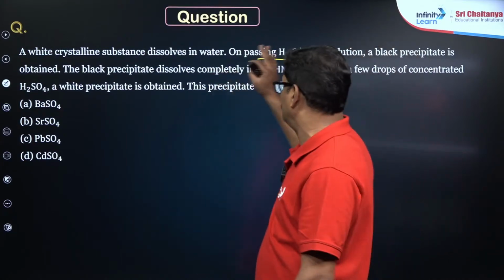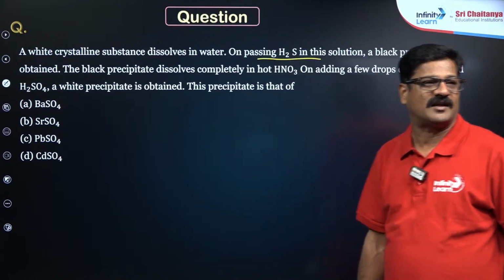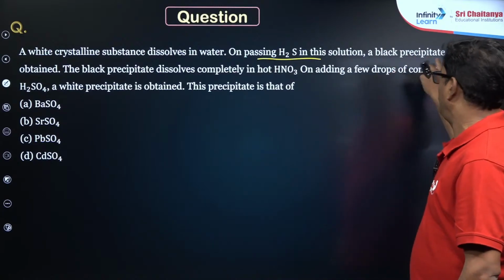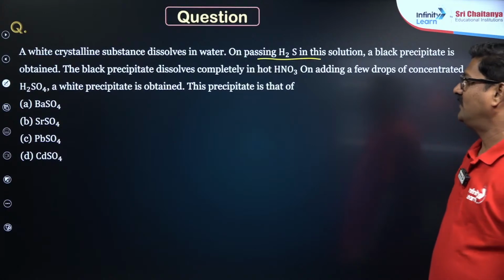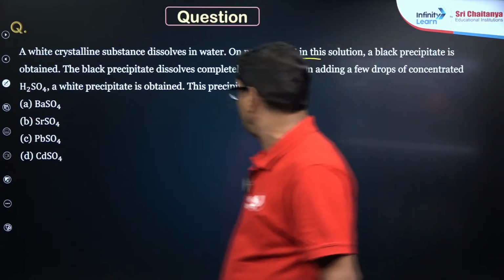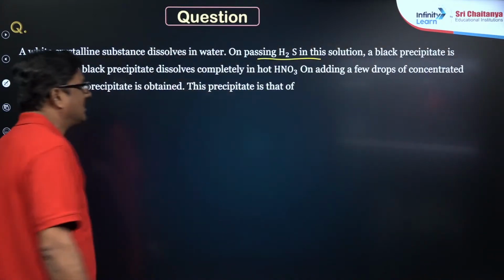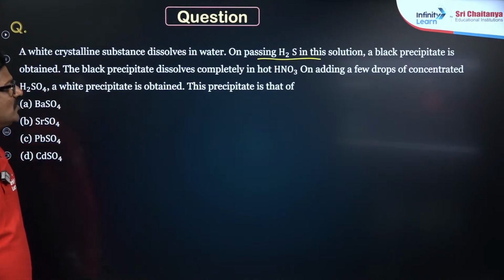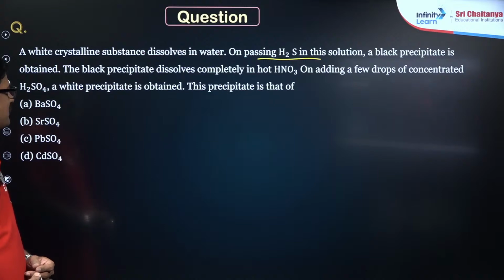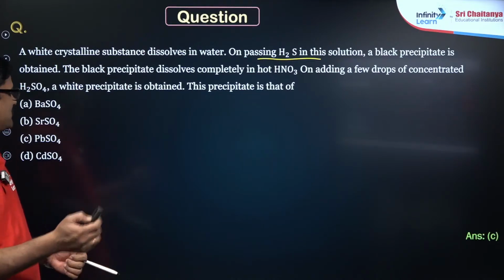So whenever H2S comes, recall the cation group separation table. A black precipitate is obtained, and this black precipitate dissolves completely in hot HNO3, and on adding a few drops of concentrated H2SO4 a white precipitate is obtained. This precipitate is simply lead sulfate, a white precipitate.